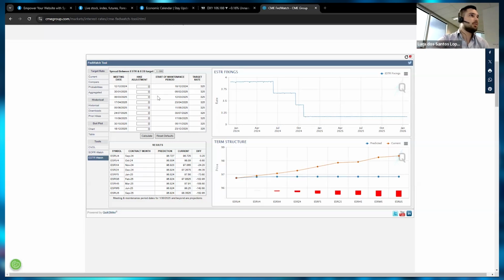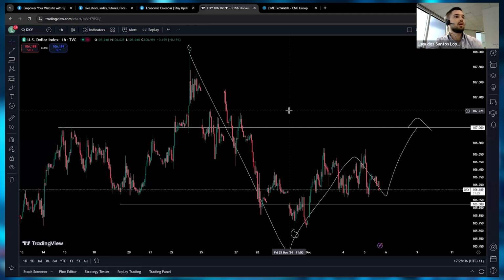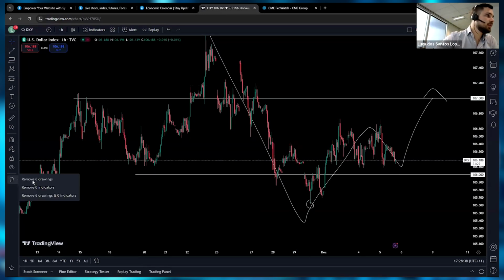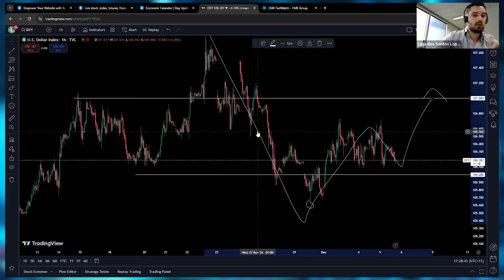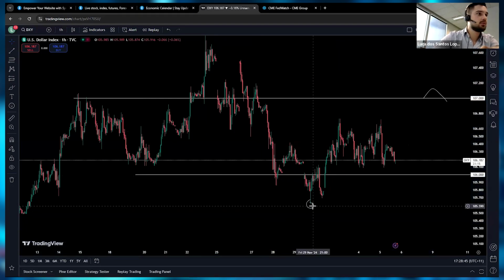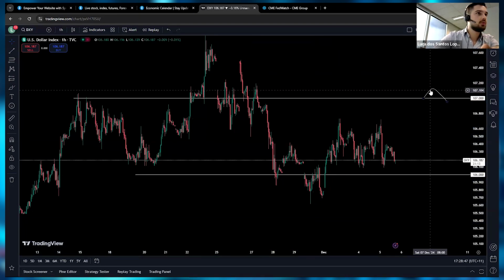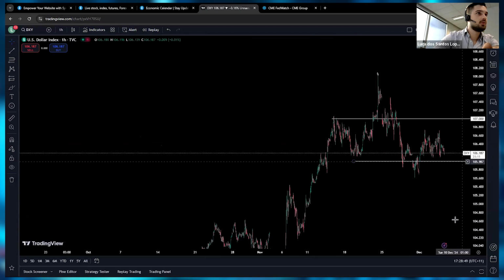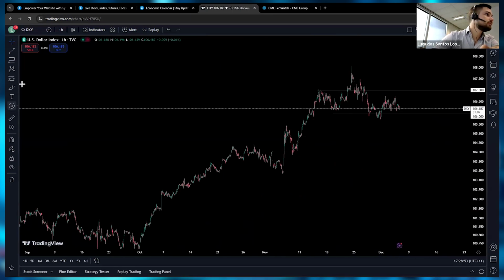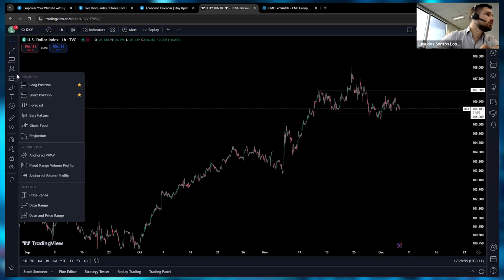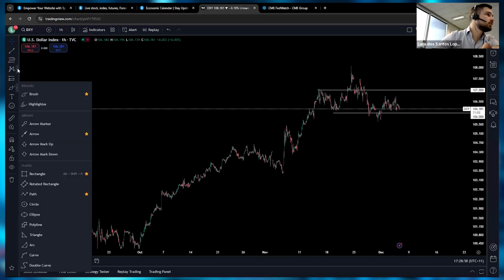So that's definitely something. If we come back to the US dollar index, we can see that there is maybe a possibility of something like, let me take this off. So where is the Fibonacci?